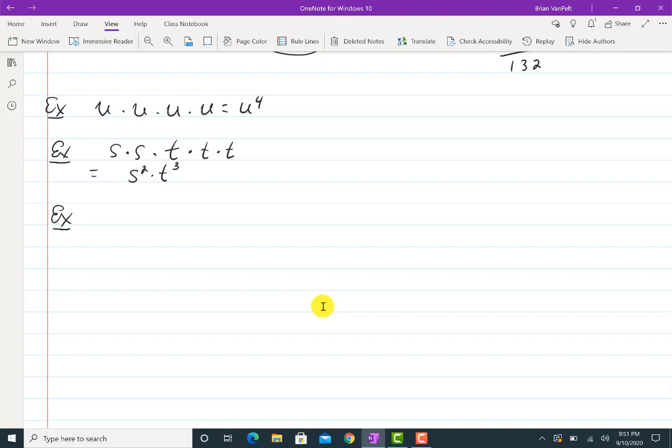Let's try another one. Here I'm going to do A times B times C times A and so on. This will be long, but it's not as bad as you think. Now, you can go and gather up all the A's and everything.